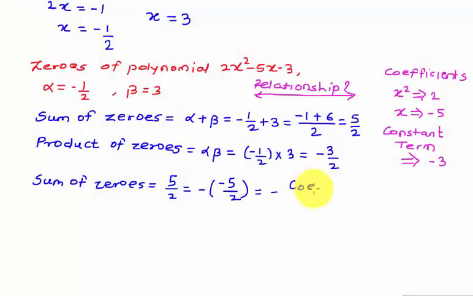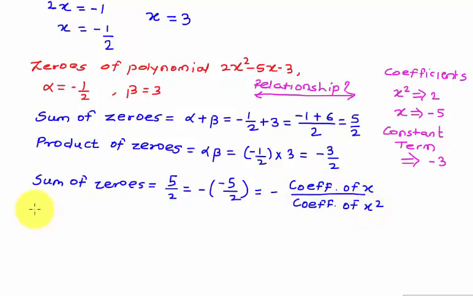So we can write instead of minus 5, coefficient of x divided by what is 2? 2 is nothing but coefficient of x square. So we can write it as coefficient of x square. Okay, so sum of zeros is nothing but minus coefficient of x divided by coefficient of x square.